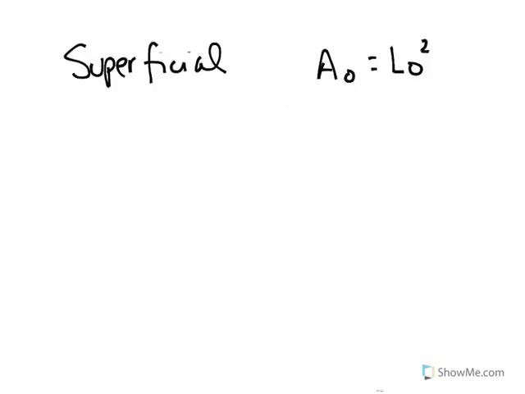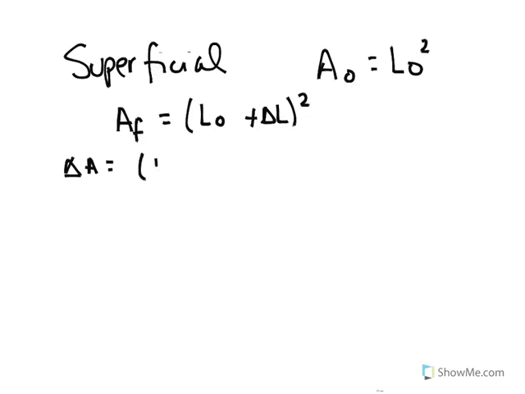We're going to talk about the superficial change as well. We take the initial area equal to the length squared, such that the final area is equal to the initial length plus its change, squared. If we want the change in area, which is what we're looking for, it is the final minus the initial.